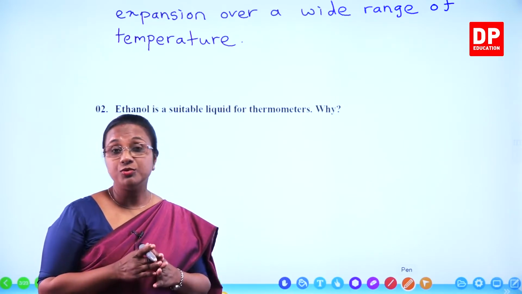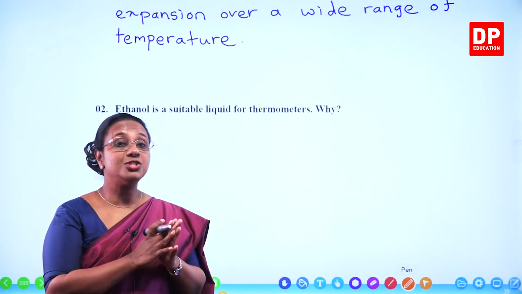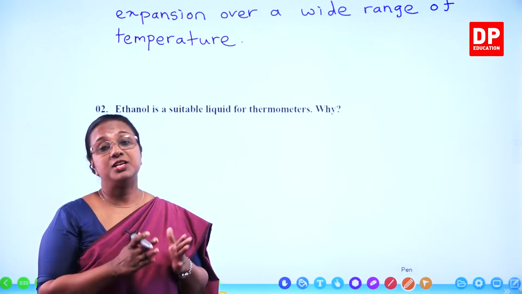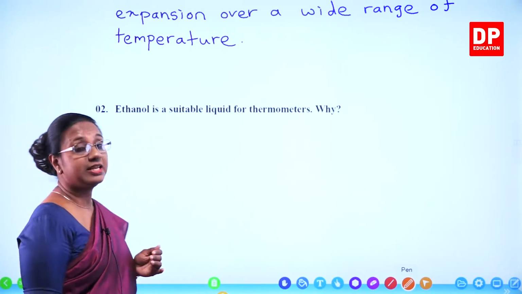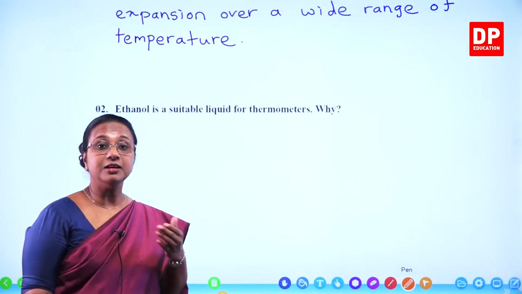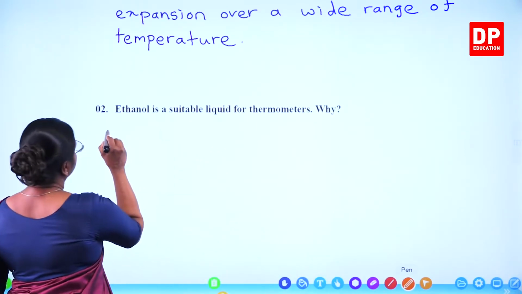So we cannot use it to measure very high temperatures. But still it shows uniform expansion throughout that temperature range. And also it is a very good conductor of heat. So again we have the same reasons.